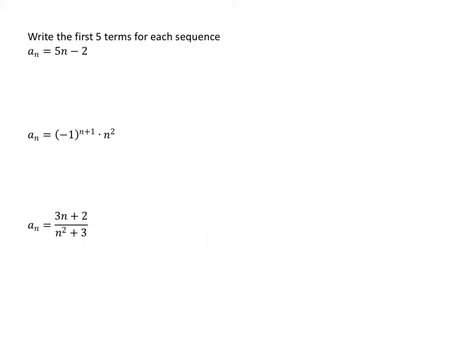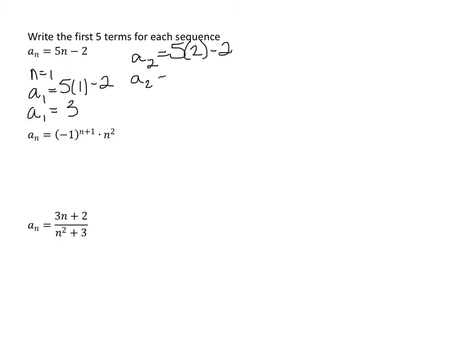So let's take a look at a few sequences that we will try to look at the first few terms. We're actually told to write the first 5 terms for each sequence. So when n is 1, then what we're doing is we're taking a sub 1, which is equal to 5 times 1 minus 2, and a sub 1 is equal to 3. When n is equal to 2, so here we're looking for a sub 2, we have 5 times 2 minus 2, and that gives us 8.